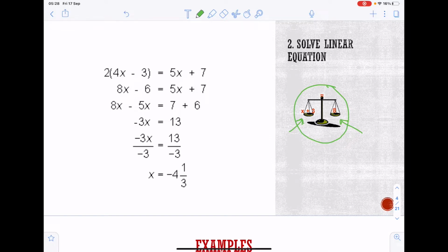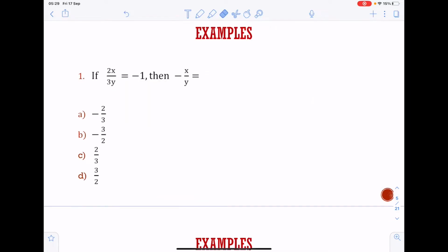If you have parentheses, you have to distribute the numbers and then organize your equation. Put the variables on one side and the numbers on the other side. Then divide by the coefficient of the variable to keep the variable by itself on one side and the numbers on the other side. Okay, this is an example.